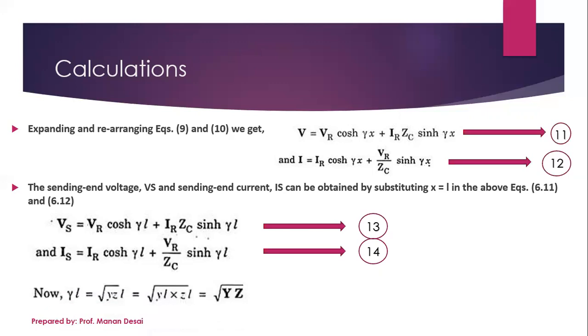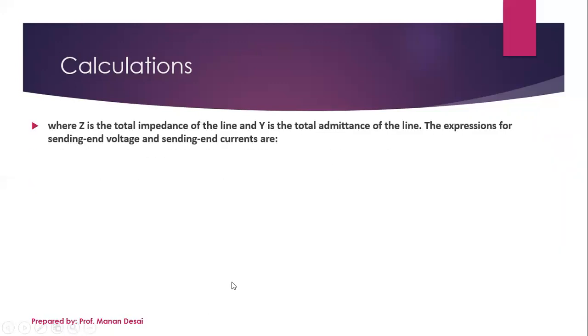Now gamma L is equal to under root YZ L, the propagation constant. So YL into ZL, ultimately under root big Y into big Z, where Z is the total impedance of the line and Y is the total admittance of the line.